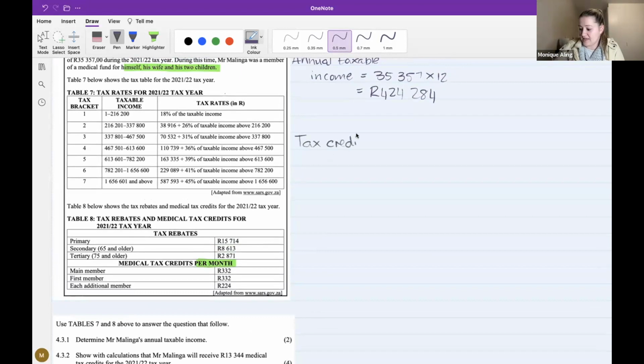So we're going to need to times by 12. So how much is Mr. Malinga going to pay for himself or get discount for himself? He would be classified as the main member. So good, the 332.